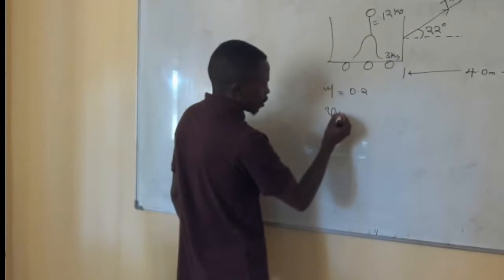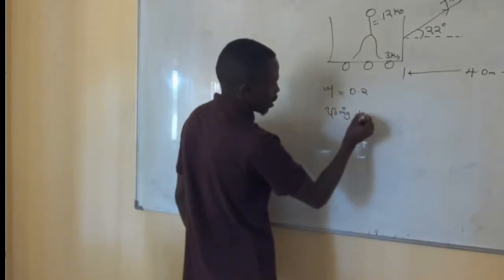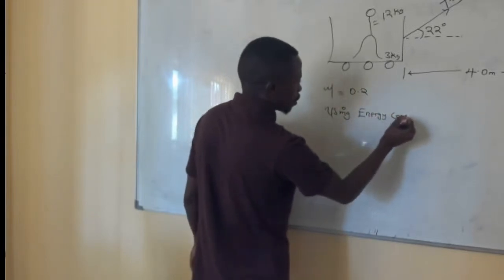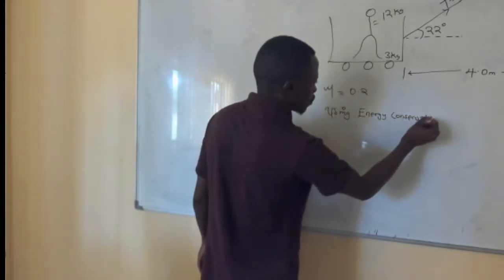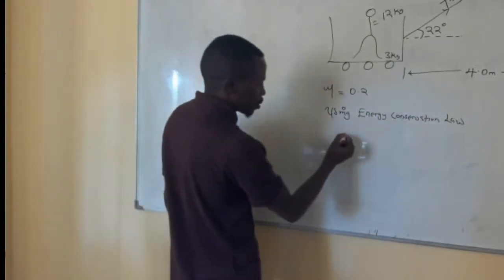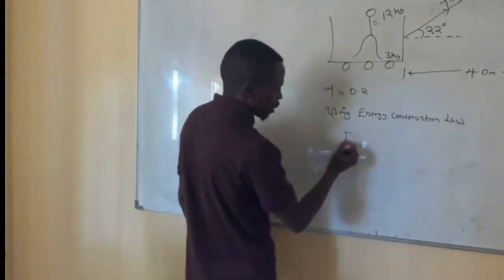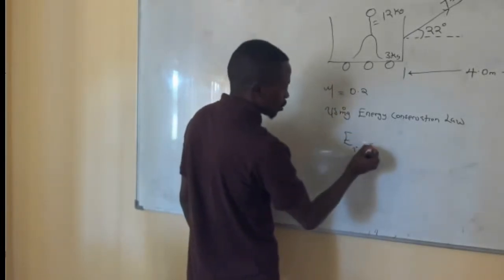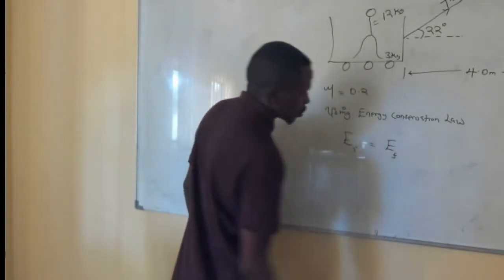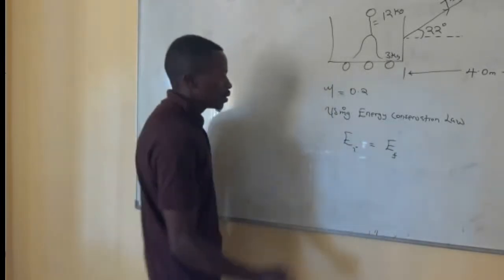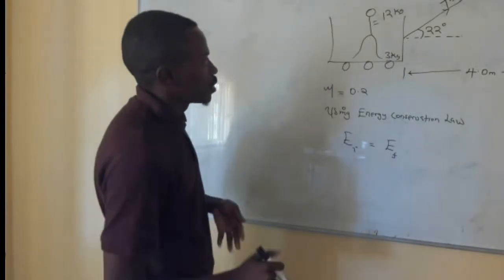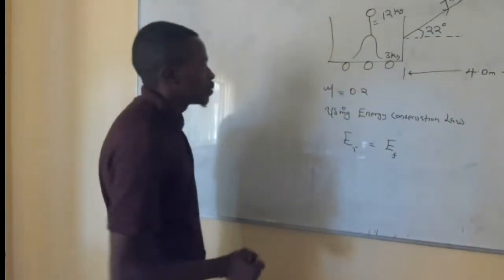Using the energy conservation law, we know that the initial total energy should give us the final total energy. The total energy in this case is given by the work done plus the kinetic energy and the potential energy that is contained in our system.